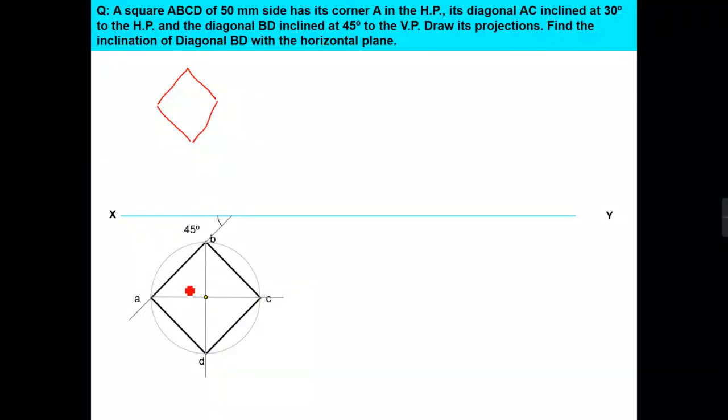Then I can draw the front view of this square, and this will be a straight line. After that I can rotate this line by 30 degrees, so that the diagonal AC is 30 degrees to the XY line.